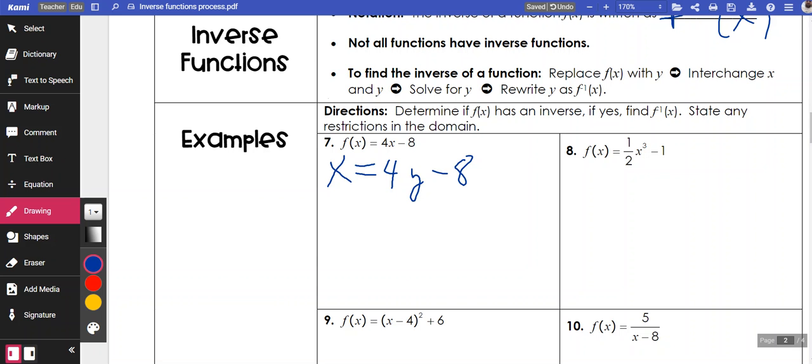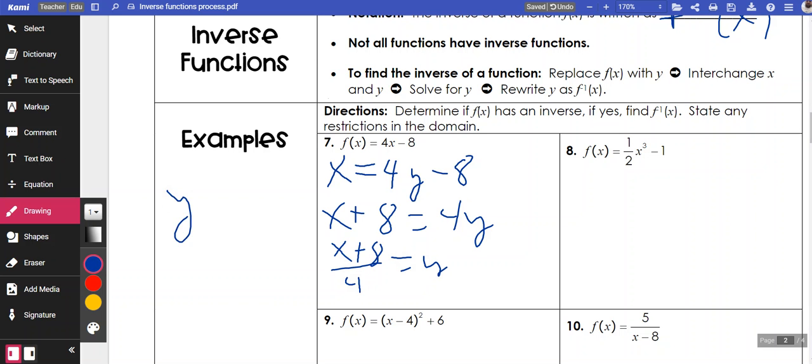So I'm going to add 8, and I'm going to divide everything by 4. So I could write this as x plus 8 over 4 equals y, or I could write it as y equals 1/4 x plus 2. Now that, ladies and gentlemen, we know is a linear function. So I would just say that f to the negative 1 of x is that, right? Make sense?